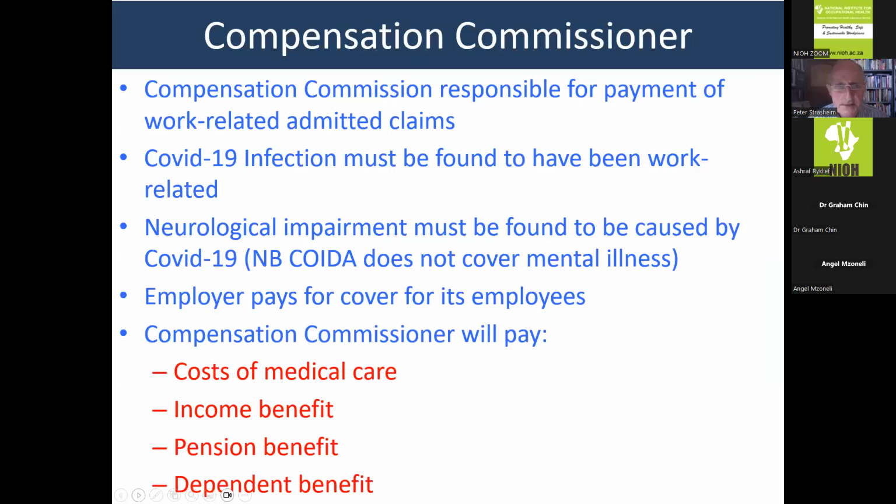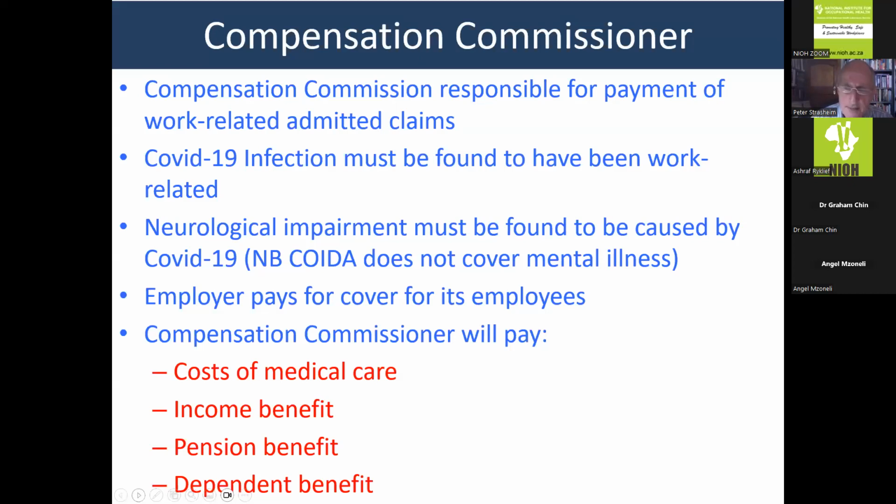First, the compensation commissioner. Many of you will know that the compensation commissioner is responsible for the payment of work-related admitted claims. So there are two things there. There must be work-related injuries or diseases, and the commissioner must admit them. Now, the COVID-19 infection must itself have been found to be a work-related infection. You've seen Richard Spoor, the attorney's work on pneumoconiosis and all of those cases in relation to work-related mining injuries.